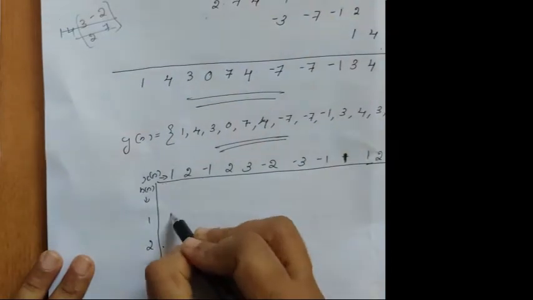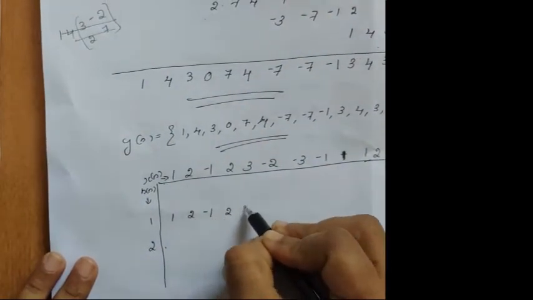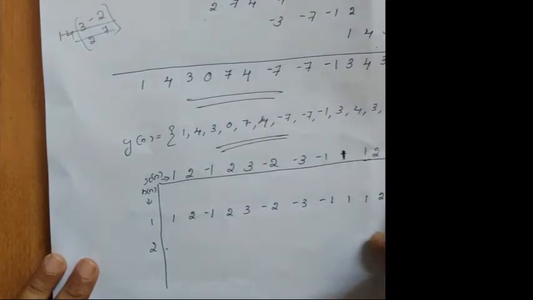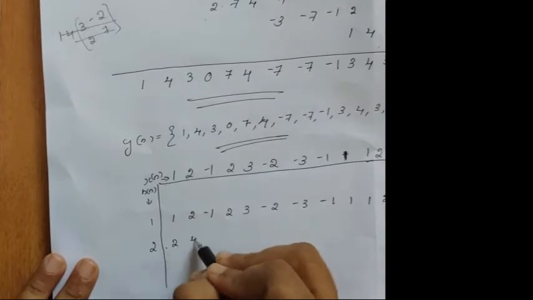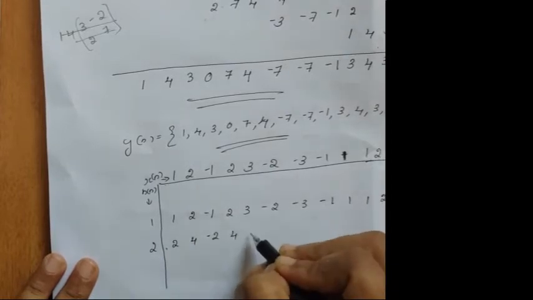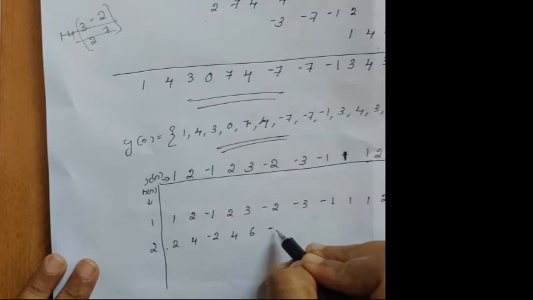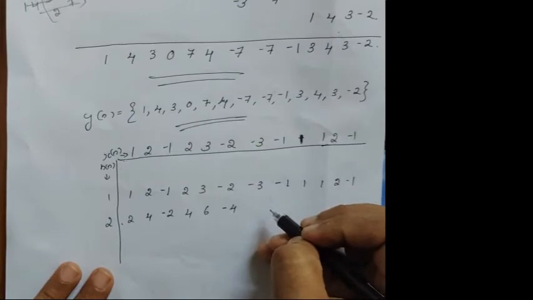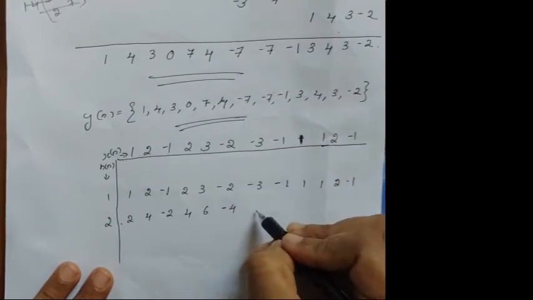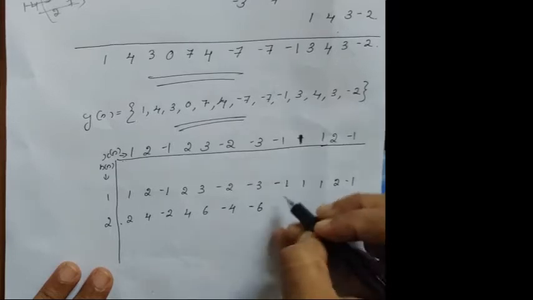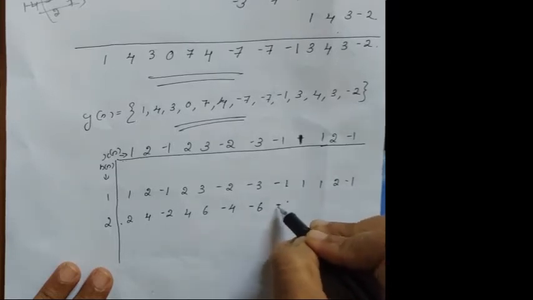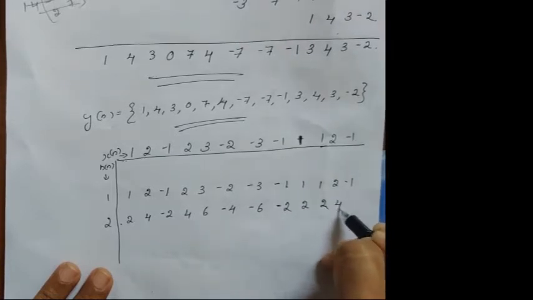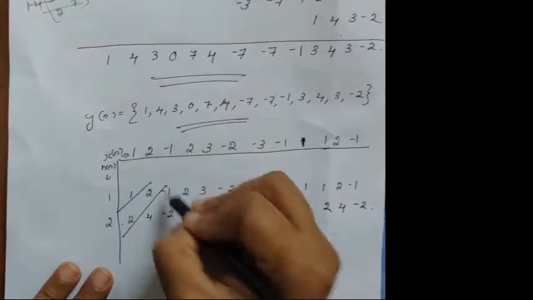Just do the multiplication: you will get 1, 2, minus 1, 2, 3, minus 2, minus 3, minus 1, 1, 1, 2, minus 1, then 2, 4, minus 2, 4, 6, minus 4, minus 6, minus 2, 2, 2, minus 2. Diagonally you are adding them.